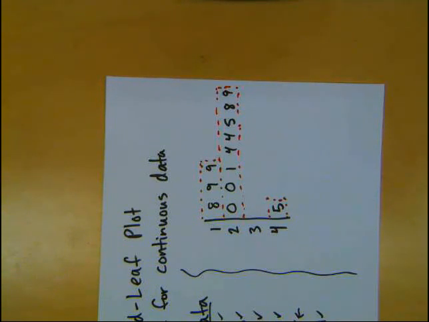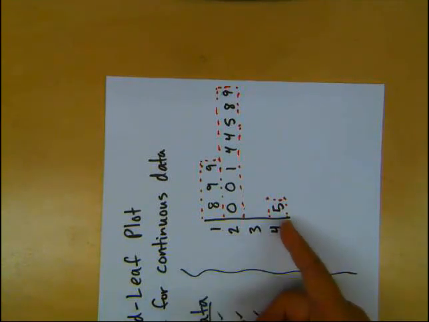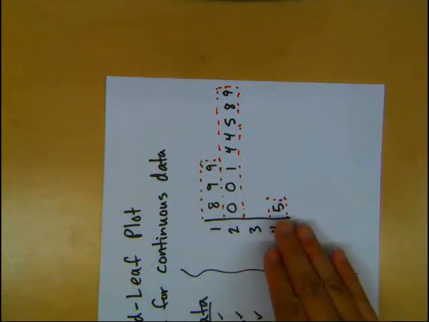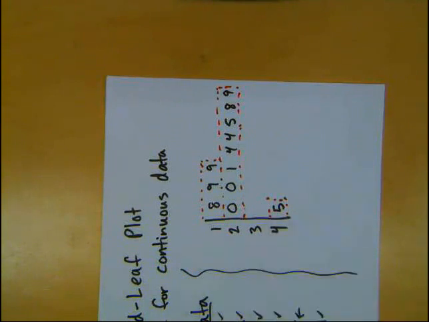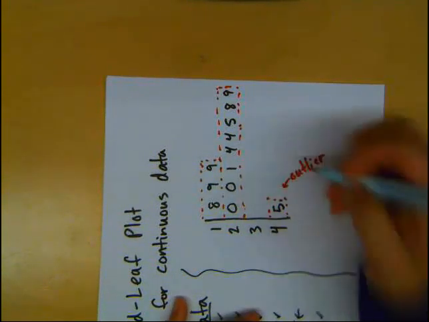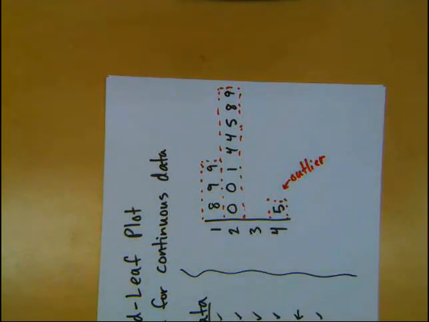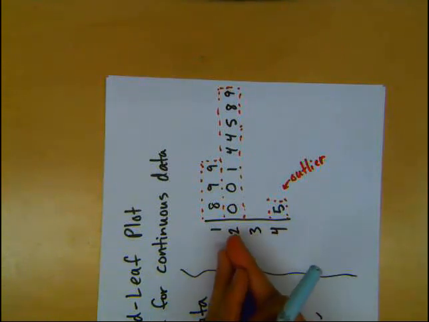But I can see that most of my ages are in the 20s, with a kind of a lump over here in the late teens, and then one person out here at 45. And this out here is going to be important. This value out here is called an outlier, because it's far away from the rest of my group.